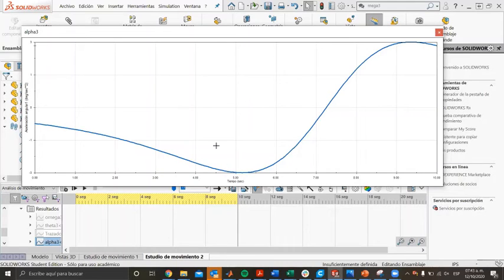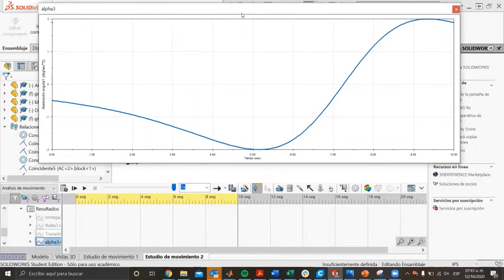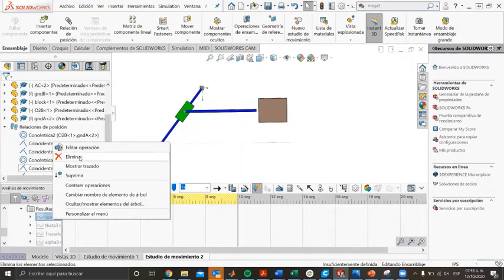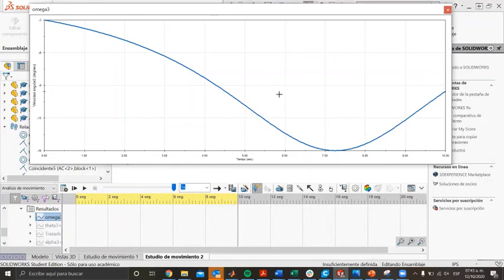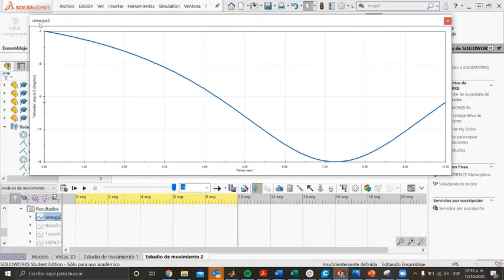First we need to check at which second we reach 300 degrees in position, right? Because acceleration and velocity are parameters intrinsic to a specific moment in time. So before checking acceleration, let me show you the graph for position. This is omega 3, okay? And I need to check when it reaches.